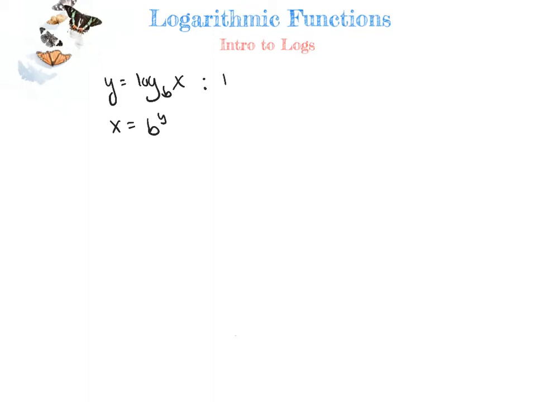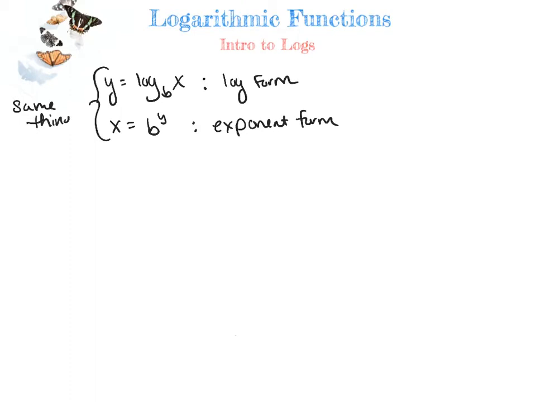So this is the logarithmic form, or log form for short. And x equals b to the y is the exponential form, or exponent form. And these 2 things mean exactly the same thing. One just has the y isolated and one has the x isolated.